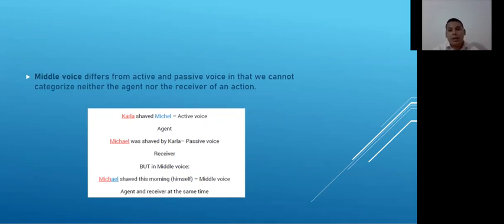Well, I definitely think that knowing these things, like the aspect, the tense, okay, and these types of constructions are really, really necessary.